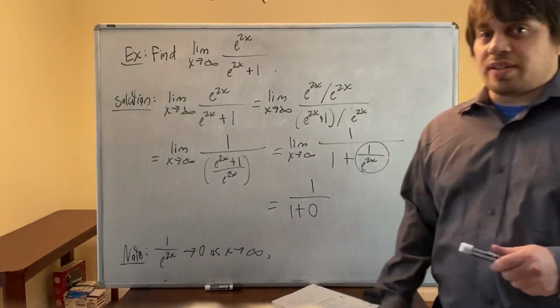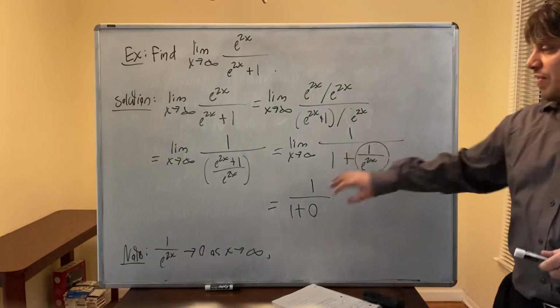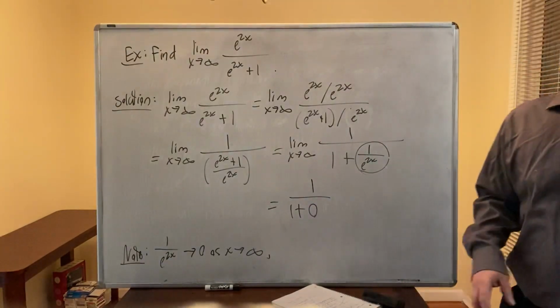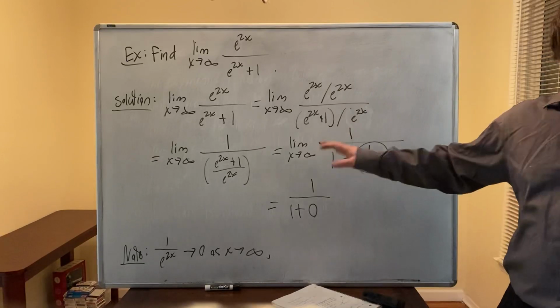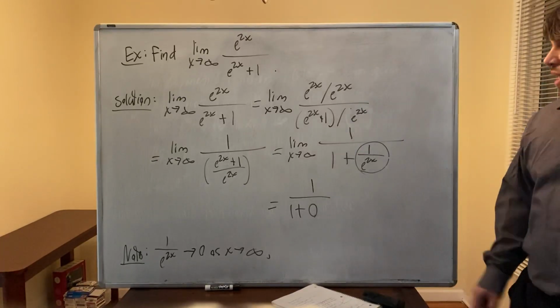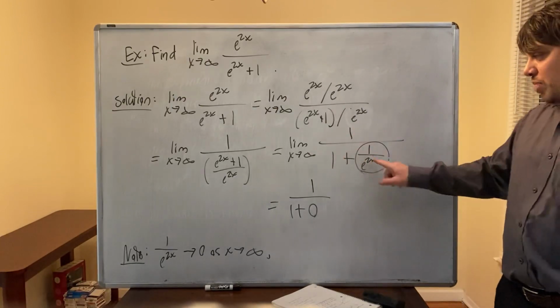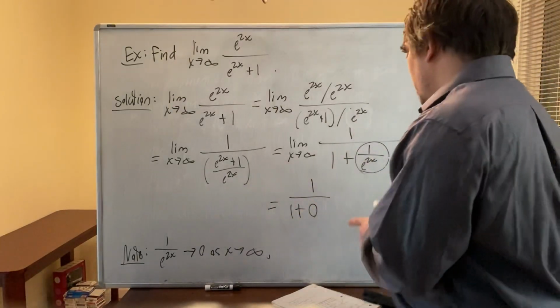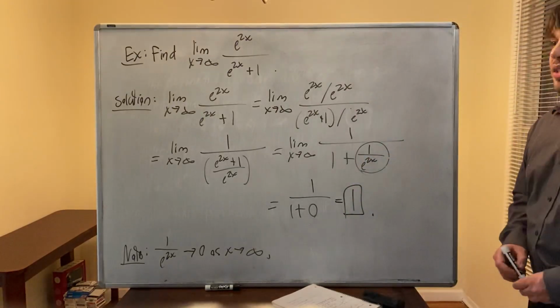I don't want you to write out the steps. I just want you to be aware of the real reason why the limit is that. It needs some more explanation if you really explain it, but I don't want you to. So just say the limit of 1 over 1 plus that is 1 over 1 plus 0, which equals 1. So the final answer is 1.